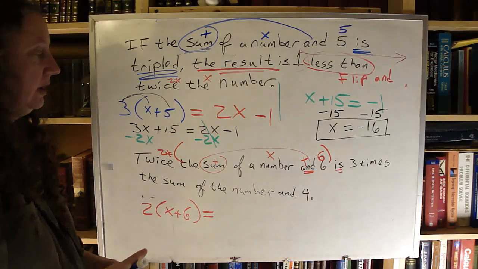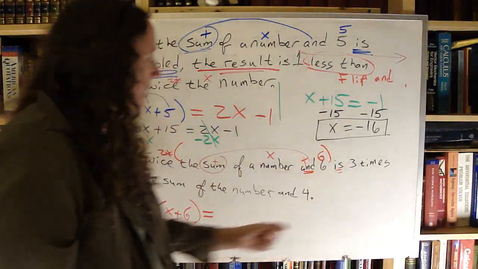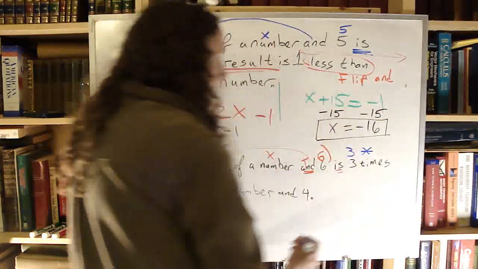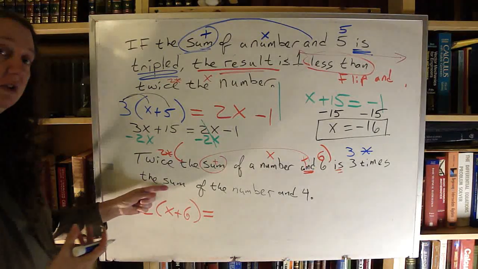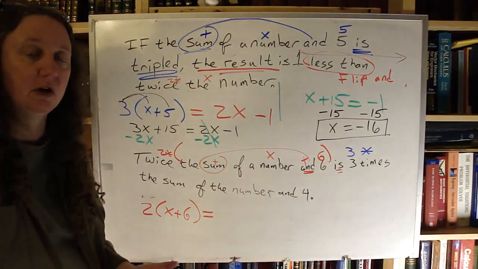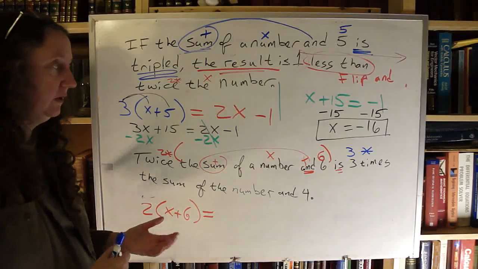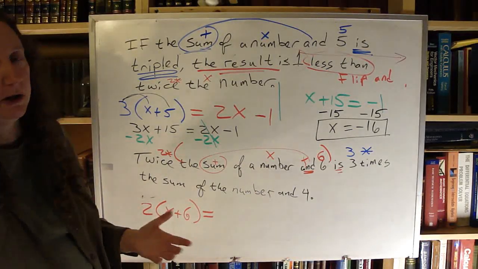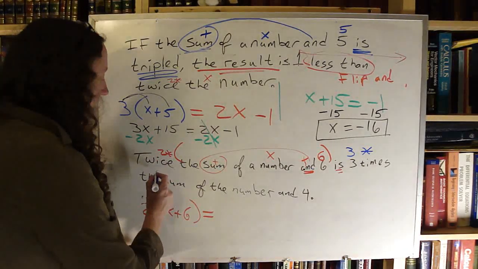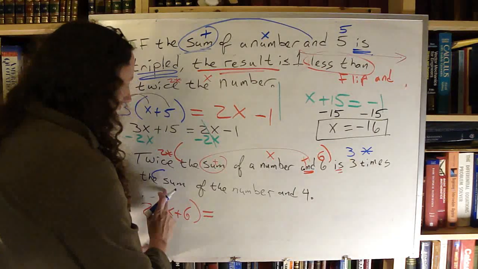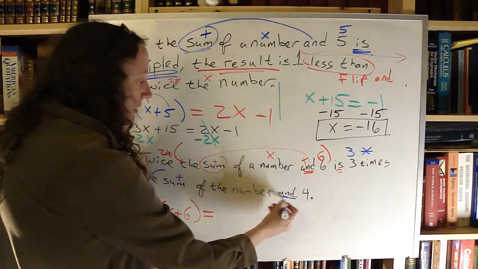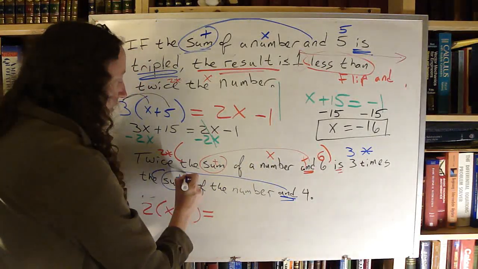Translating the other side of the equal sign. 3 times the sum. So I have 3 times, and again this is going to be multiplied by the sum, which means again I have to find the sum before I can do the multiplying, because if I don't find the sum first, then I can't multiply by the sum. So I need to have my parentheses. The sum of the number and 4. Sum means add, needs the word and here, and reaches back, grabs that word sum.